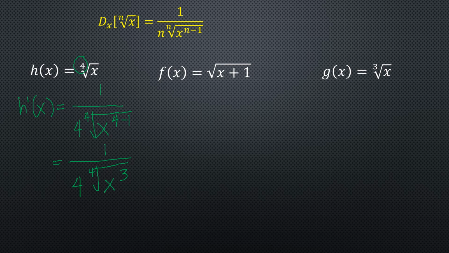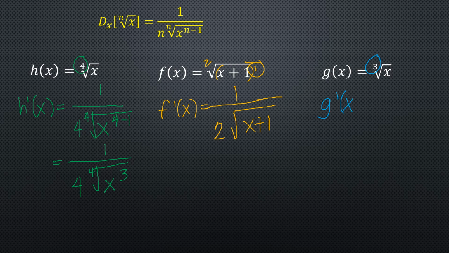In the second example, the exponent here is understood to be 1, and the index is 2. So we have f prime of x will now be 1/2 square root of x plus 1, because 2 minus 1 is simply 1. In the third example, the index is 3. So we have g prime of x is equal to 1/3 cube root of x raised to 2. Okay, because 3 minus 1 here is 2.